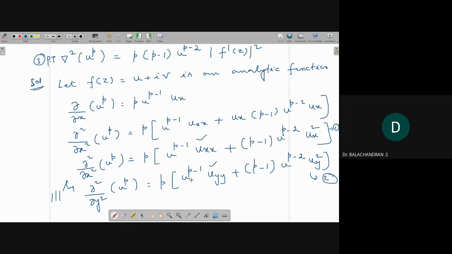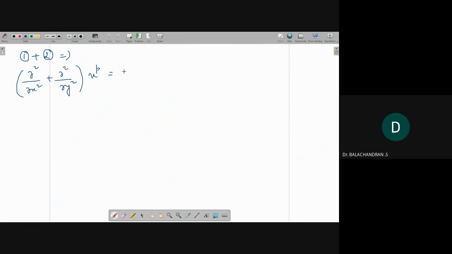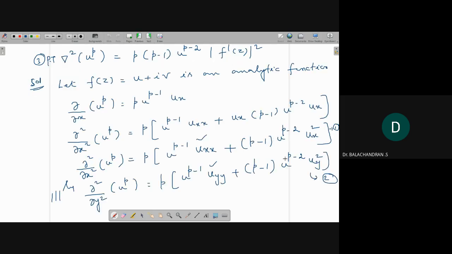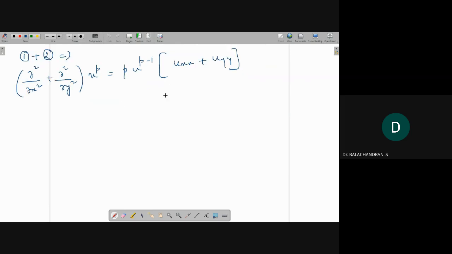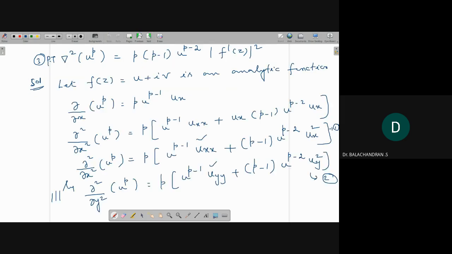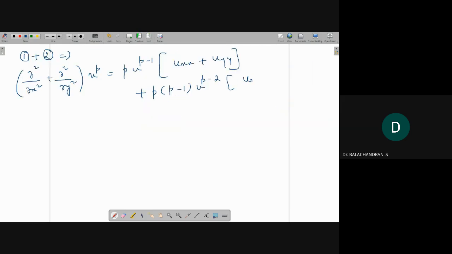So p into u power p minus 1 is common, remaining you have u xx plus u yy. And then in these two terms, p into p minus 1 into u power p minus 2 is common, remaining you have u x square plus u y square.